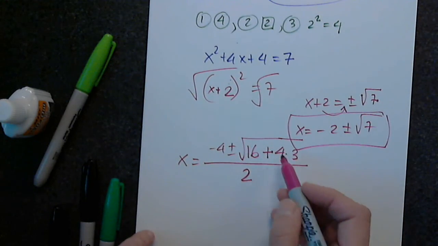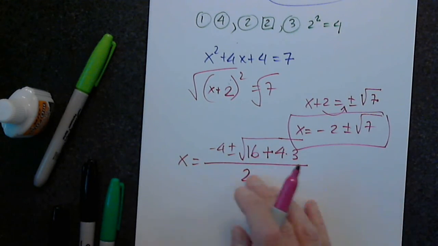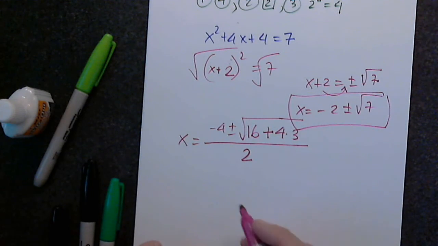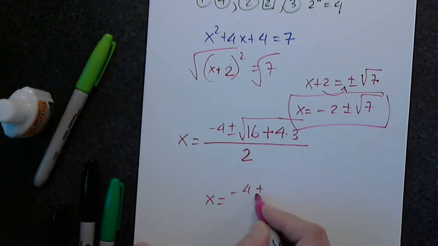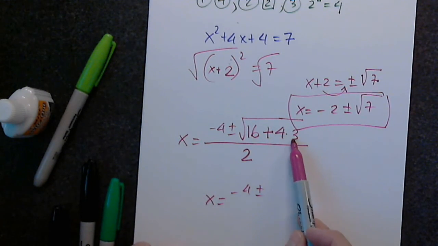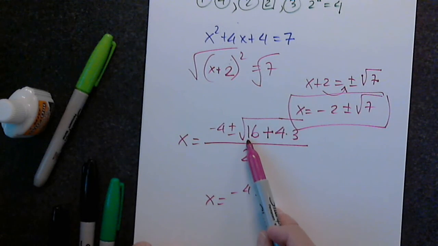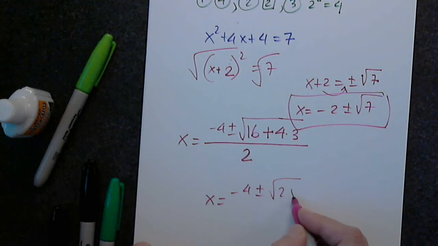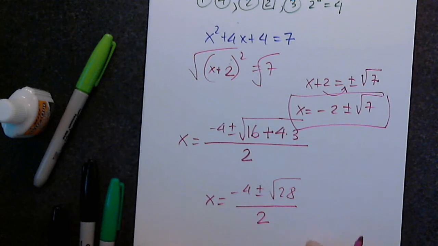You can put the negatives, but then you have to use a lot of parentheses, so be careful with that. It's not wrong. So x equals negative 4 plus or minus the square root of, 4 times 3 is 12, 12 plus 16 is 28, divided by 2.